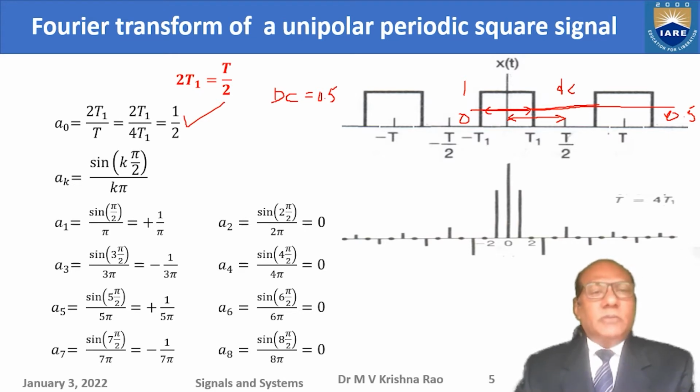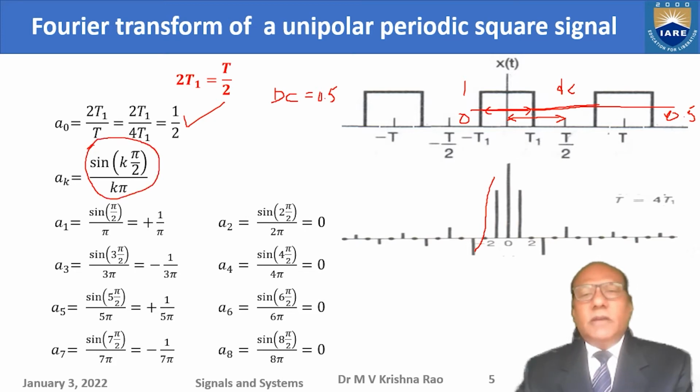Now let us come to other questions. Again here also the envelope. So this is the envelope basically. This envelope is again following the sinc envelope. The envelope of these coefficients, okay.